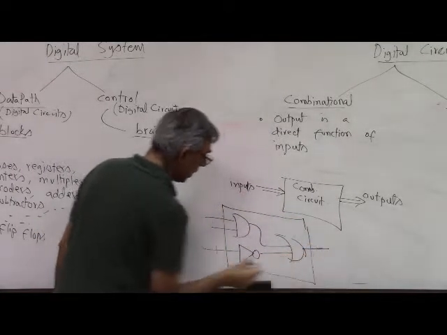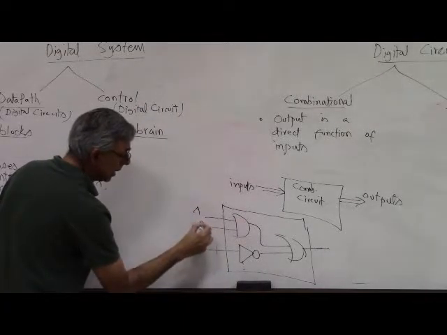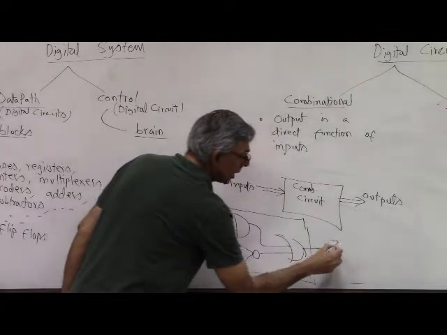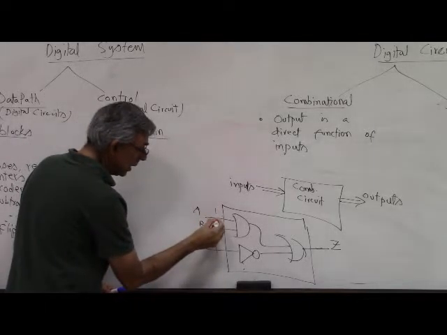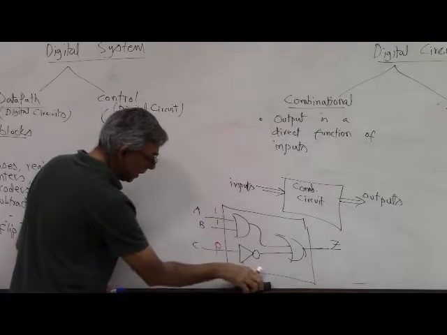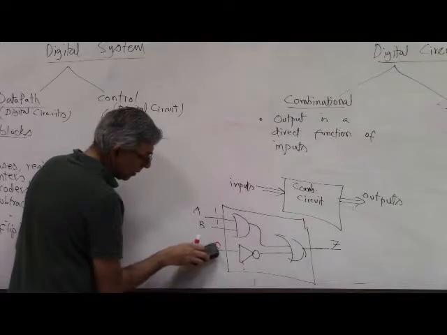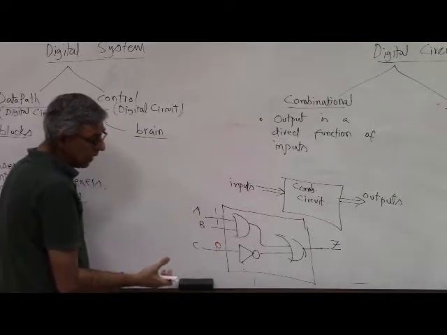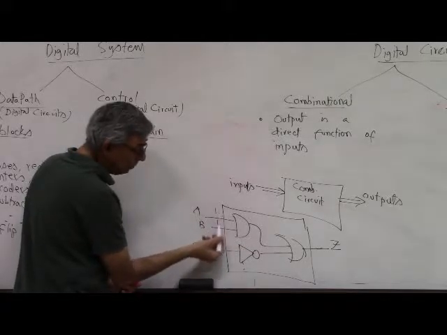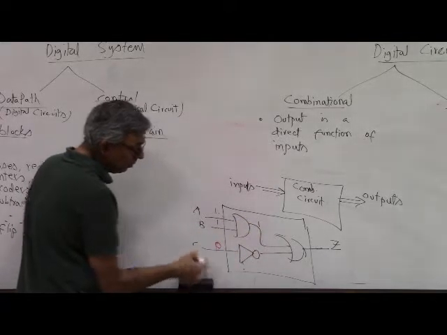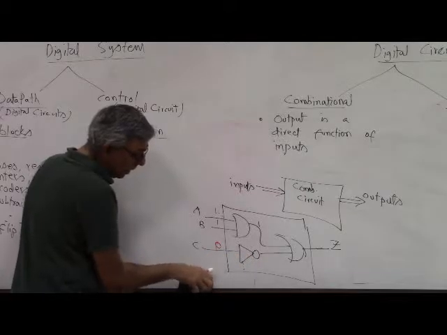If you take a look at this circuit, it has 3 inputs. Let's call these A, B, C. Let's call the output Z, right? If I gave you some inputs, for example, suppose I said this is 1, this is 1, this is 0, can you tell me what will be the output? The easy way, as you already know: what's the AND of 1 and 1? 1. This is called an inverter.